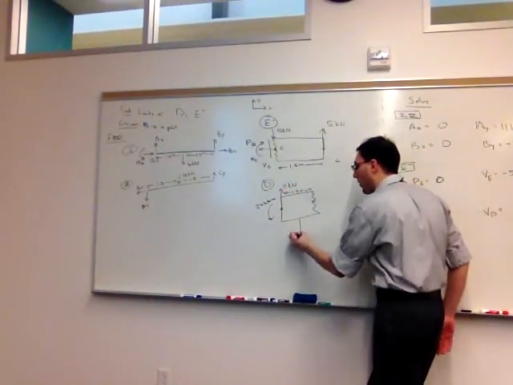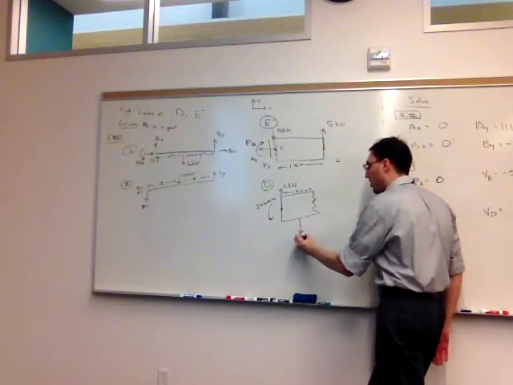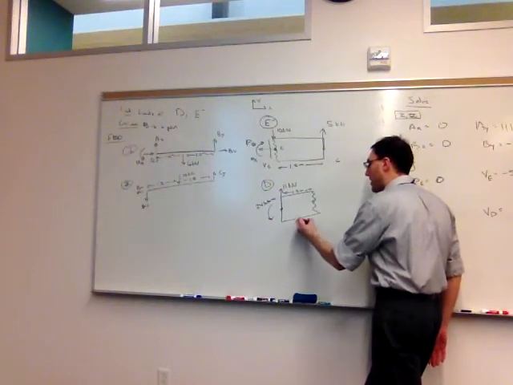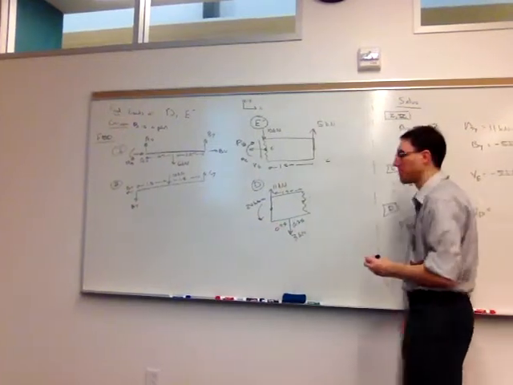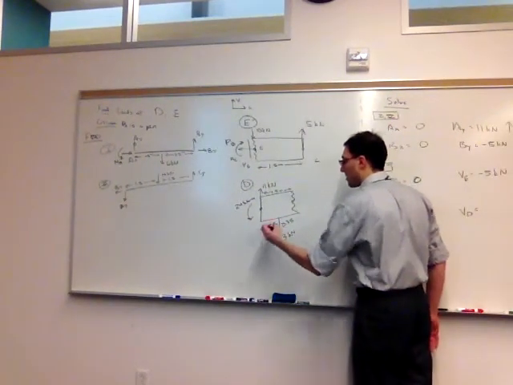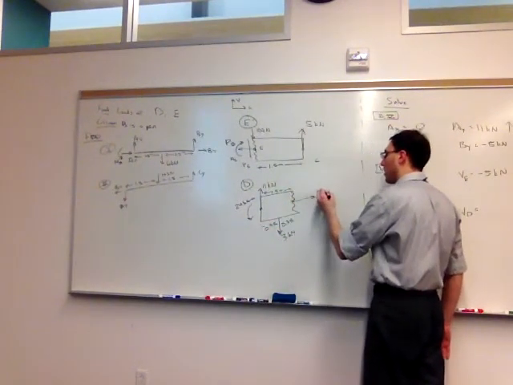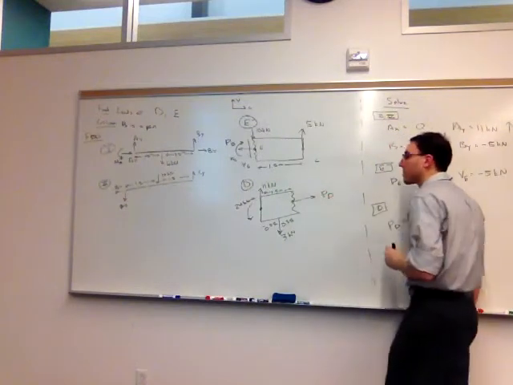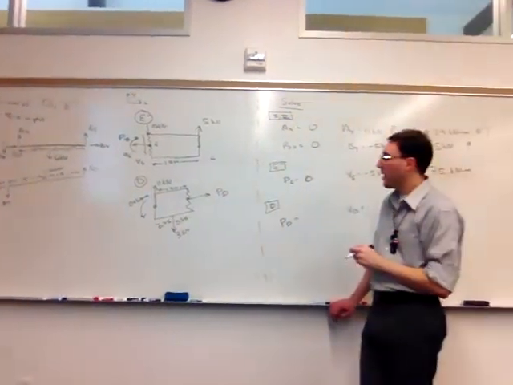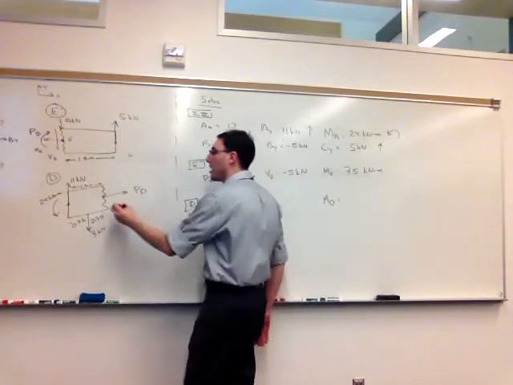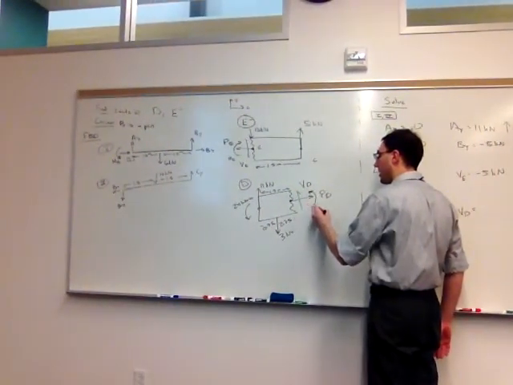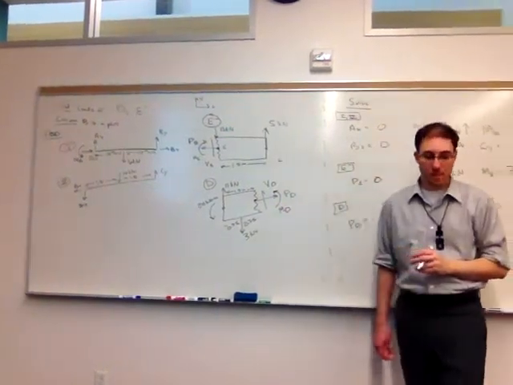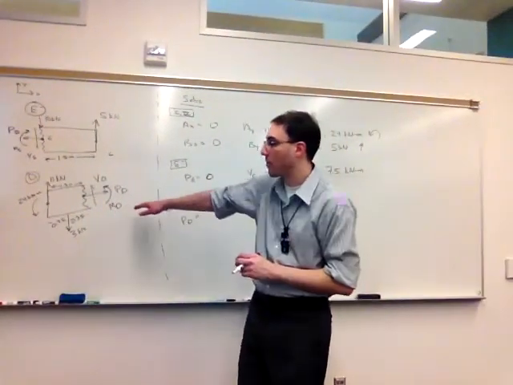So the equivalent point load that I can draw here will be 3 kilonewtons acting at the center of this segment of beam. At the surface of the cut, I'll have P sub D coming out of it. I'll assume V sub D up, and I'll assume M sub D clockwise. Counterclockwise in this one.